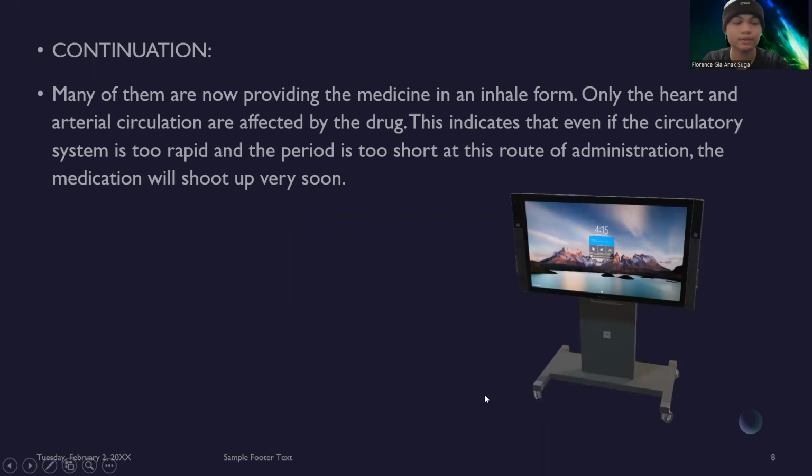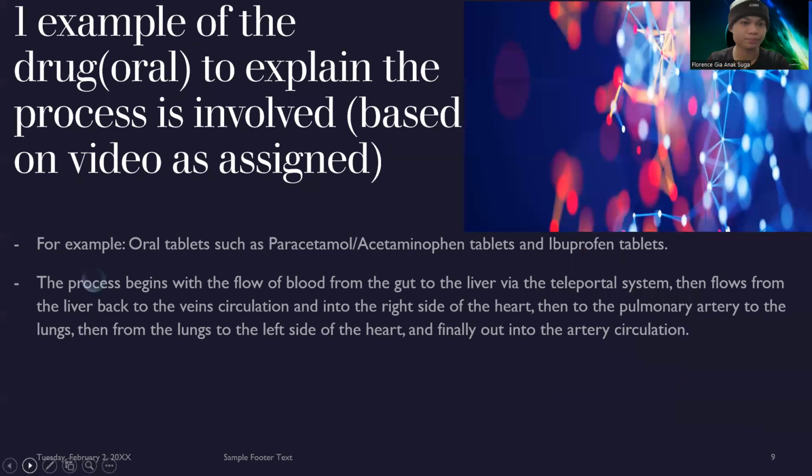As a continuation, many are now providing the medicine in an inhaled form. Only the heart and the arterial circulation are affected by the drug. This indicates that even if the circulatory system is too rapid and the period is too short at this route of administration, the medication will shoot up very soon.